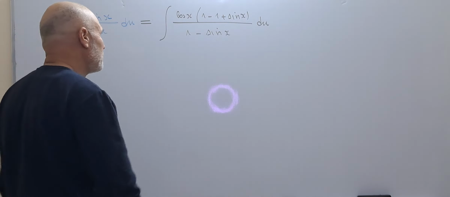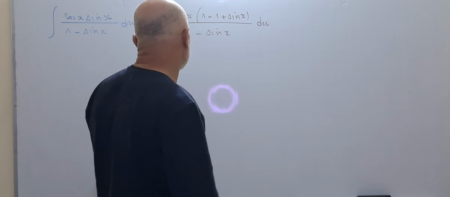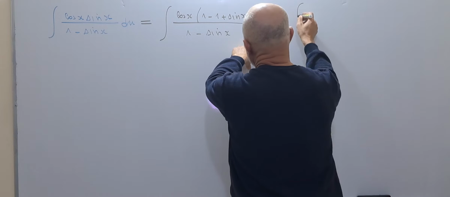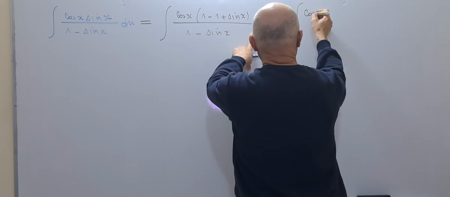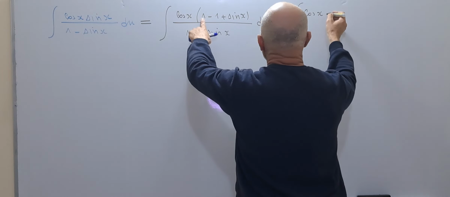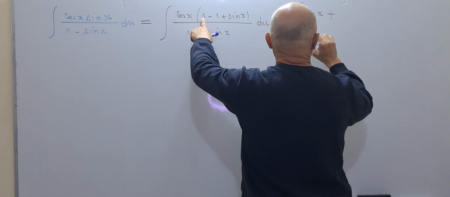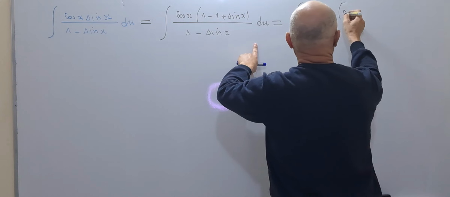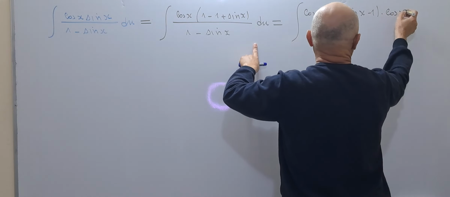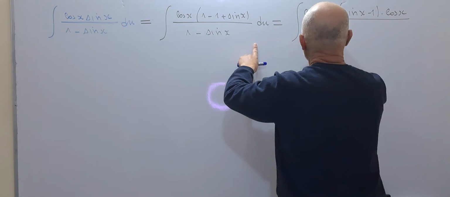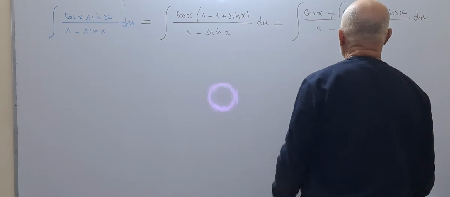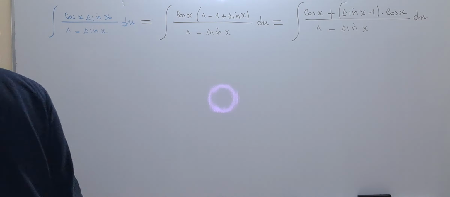Plus and minus 1, we didn't change anything. This is equal to cosine x times 1 plus sine x minus 1, cosine x over 1 minus sine x dx. No change.